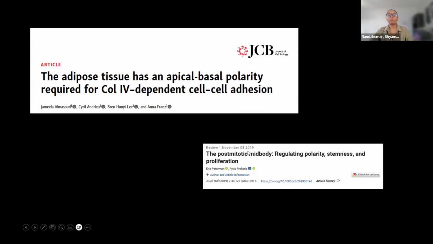And given what we know about the midbody, which is the structure that is stabilized in ring canals, and its role in establishing or maintaining cell polarity, it's possible that the apicobasal polarity that was recently discovered in Drosophila fat body might be regulated by or contributed to by ring canals. So just something to think about.